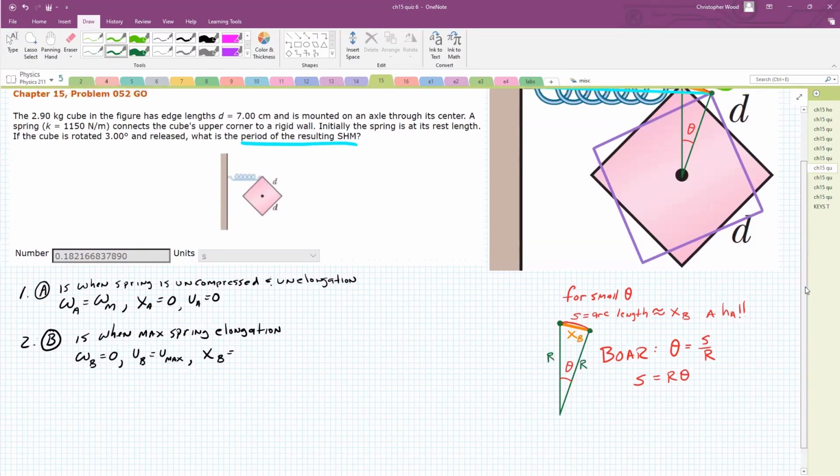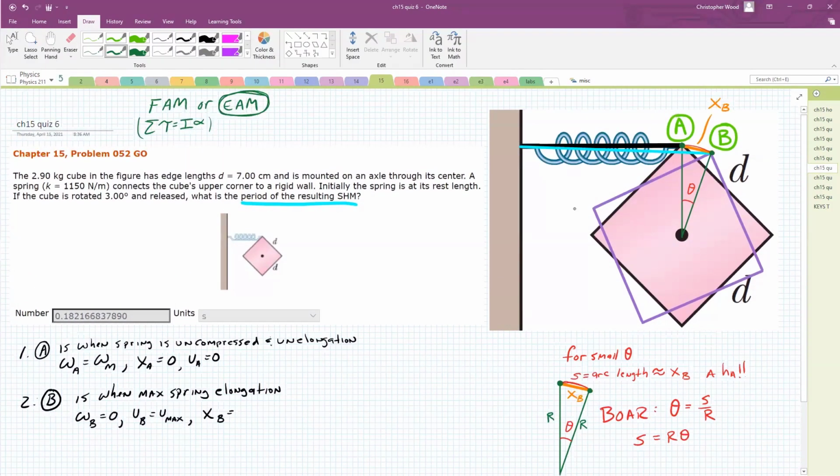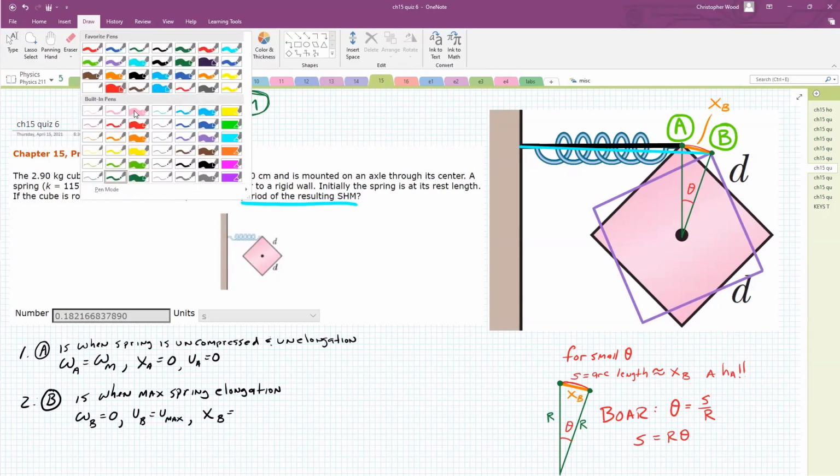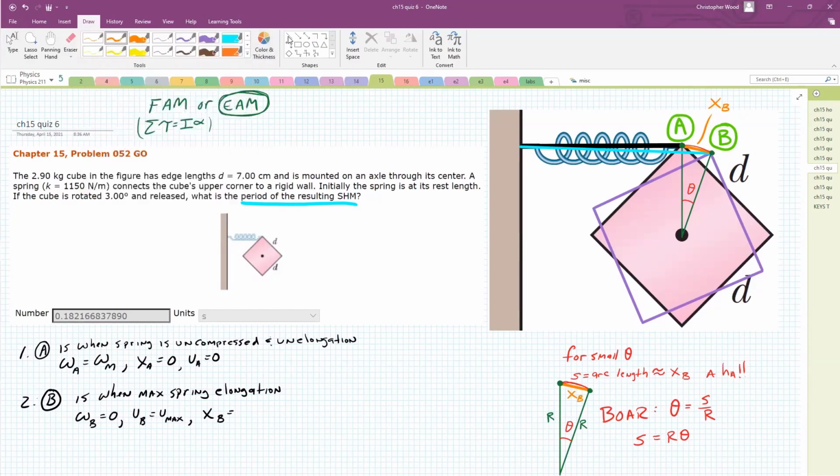If I look at my cube right here, I'll just look at the pink cube instead of the purple outline. This is what's happening. I'll just draw some reference lines. That's a good reference line.